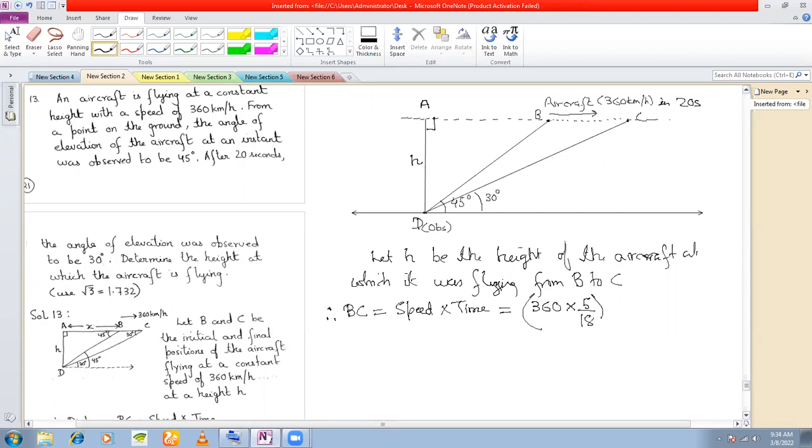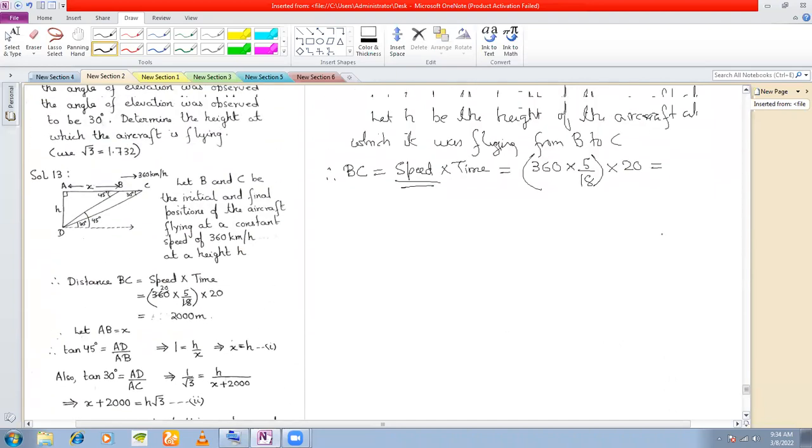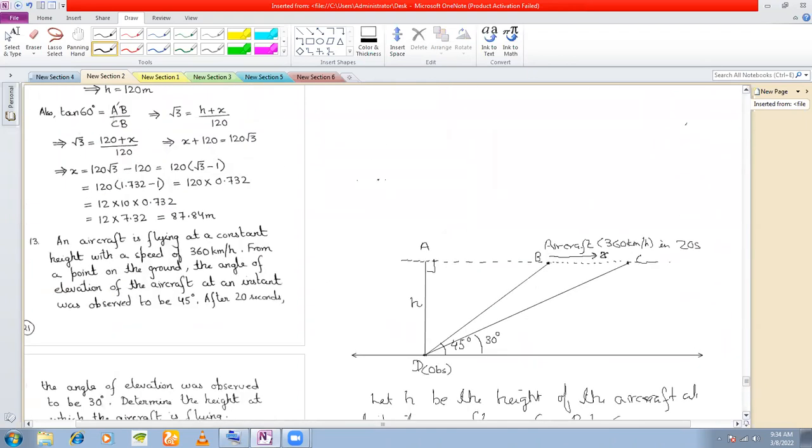So I've converted this speed to meters per second, and you also have to multiply this by time, which is 20 seconds. You can calculate this to be 2000 meters. So this length BC is 2000 meters.